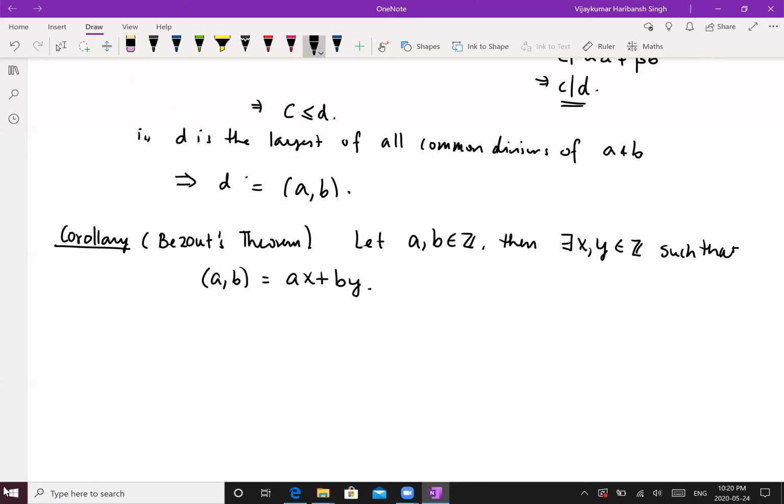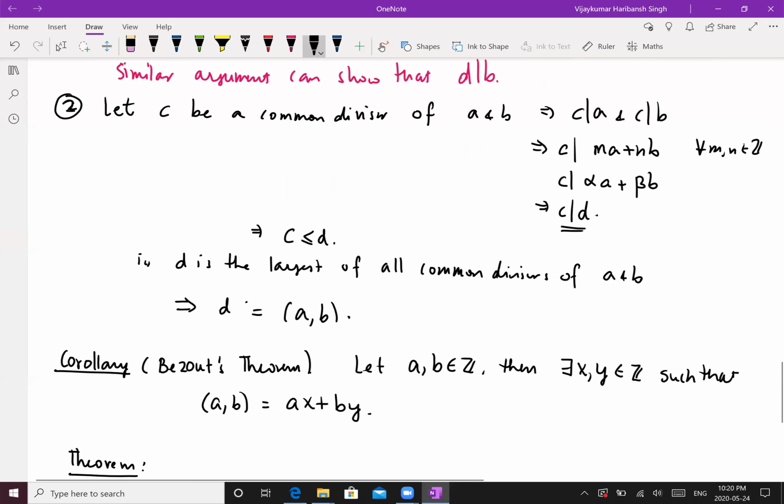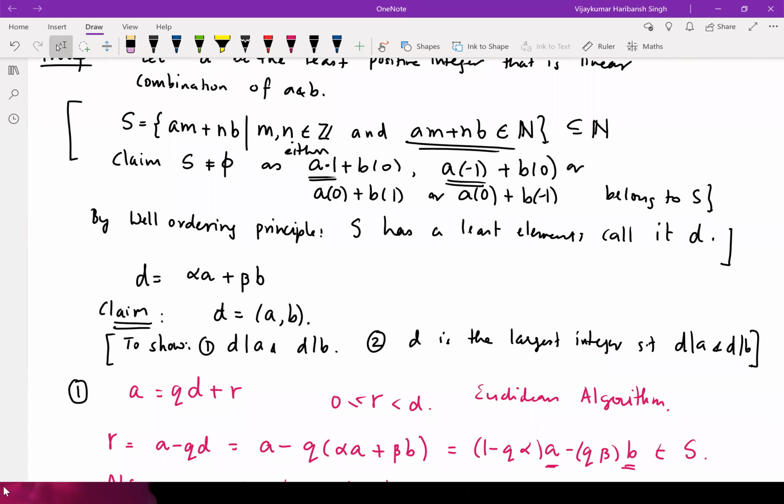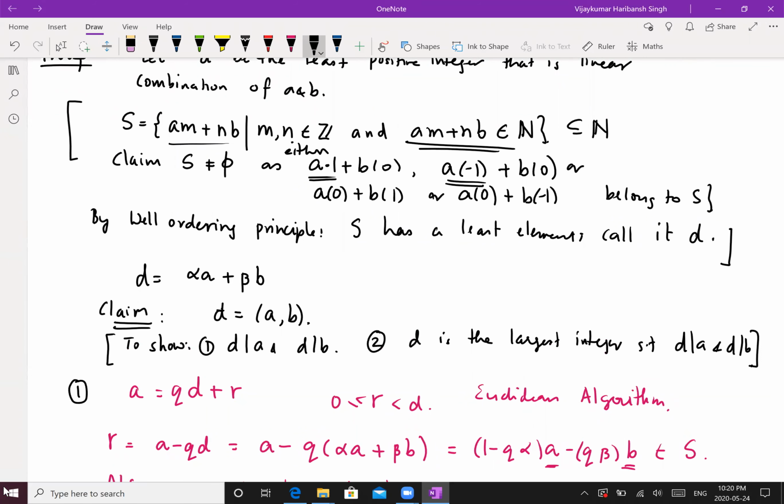Next theorem. Now this is about the characterization of set S. This set S has the least element, which is the GCD of A and B. But what are the other elements of it?